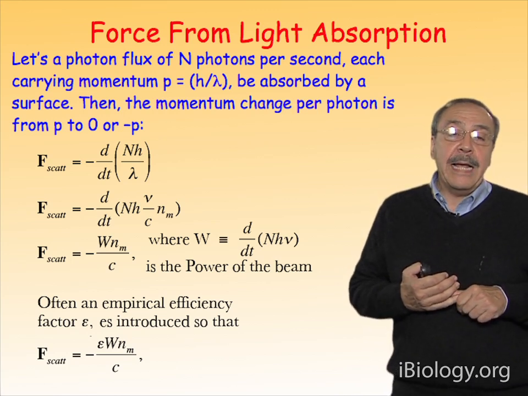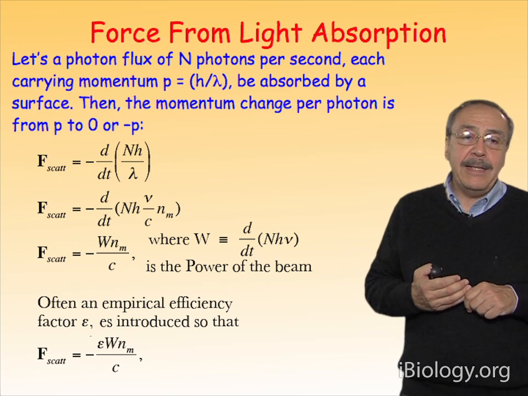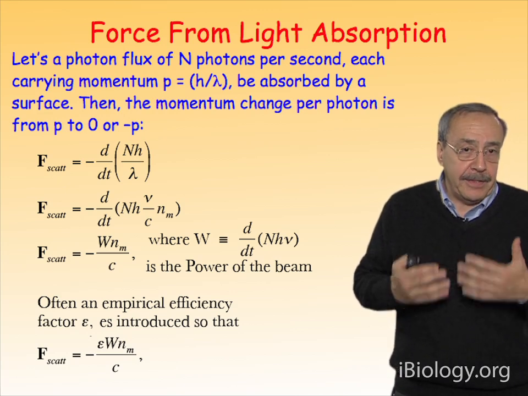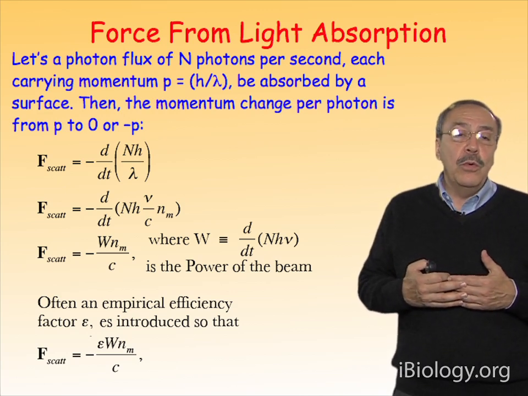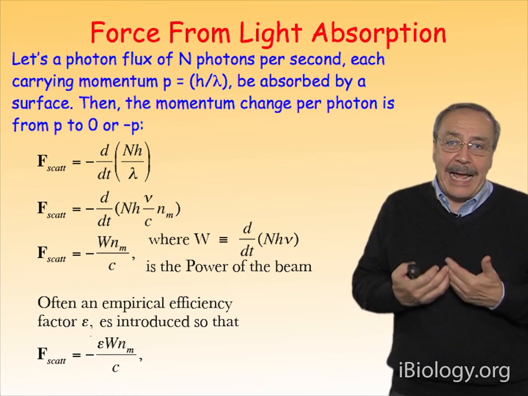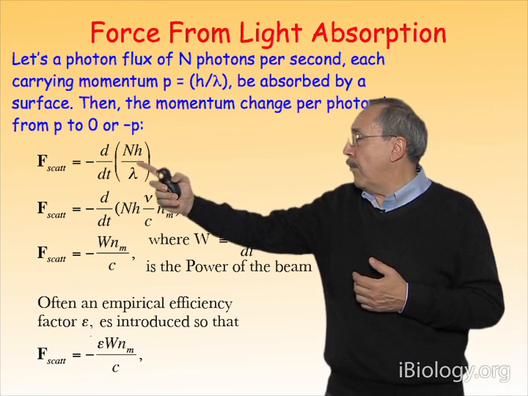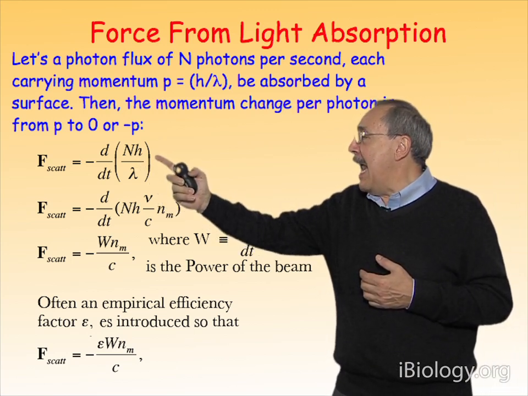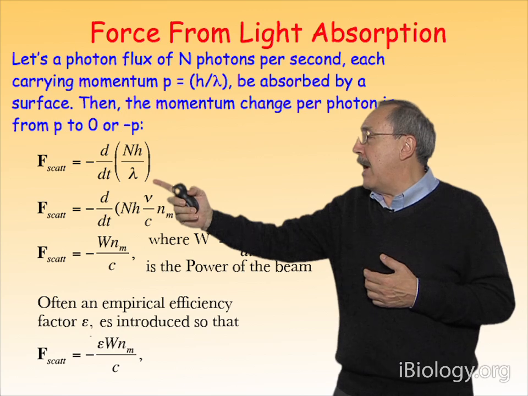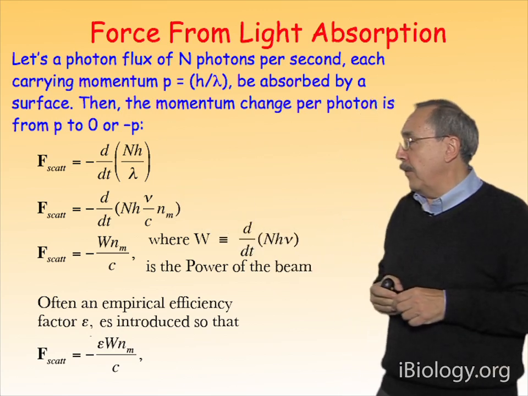Okay? So we can write that in this way. We can say that the object, the surface in this case, is going to experience a force, a pressure due to the light that is equal to the rate of change, again notice, the rate of change of the n momenta h over lambda that were coming from each photon to hit the surface, right?